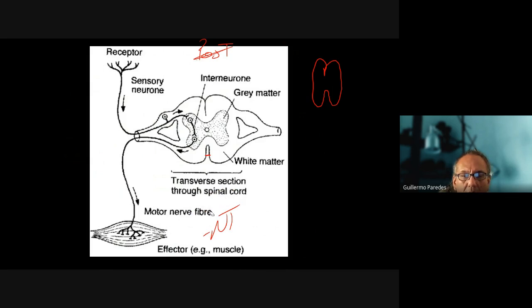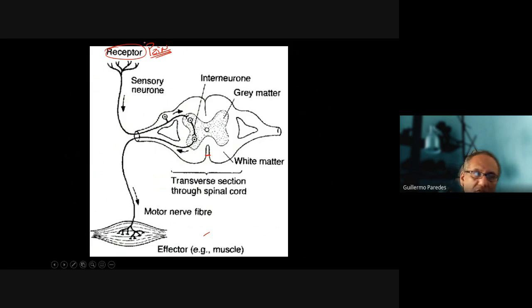So knowing that, you're going to see that we have, for example, a receptor. Let's make a receptor for pain. The example is you are heating up a teapot, and you touch the teapot that is very hot.